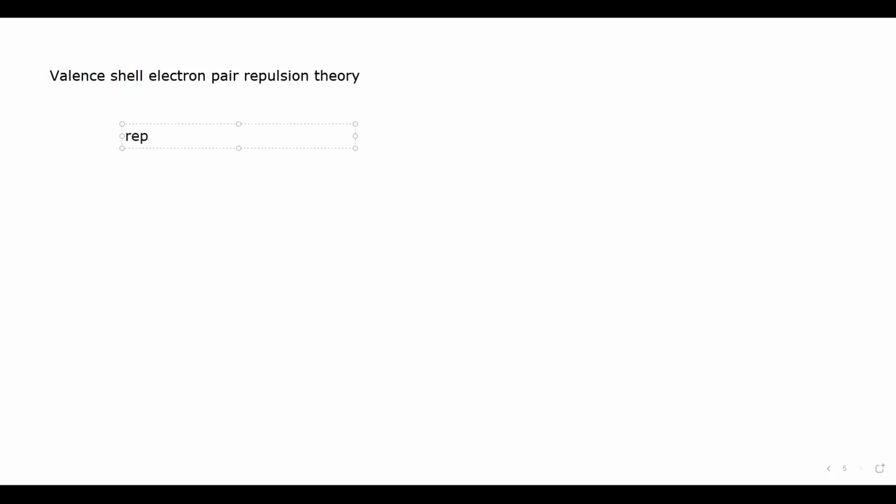Because electron pairs repel, the repulsion between lone pair and lone pair is greater than the repulsion between lone pair and bond pair, and that is greater than the repulsion between bond pair and bond pair.